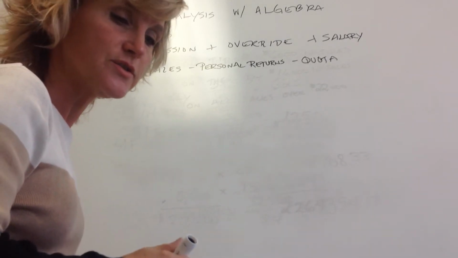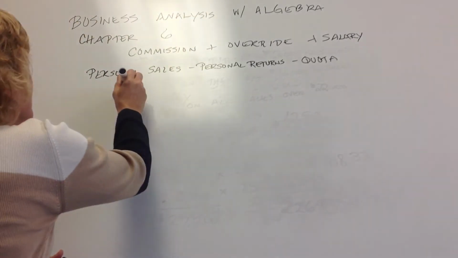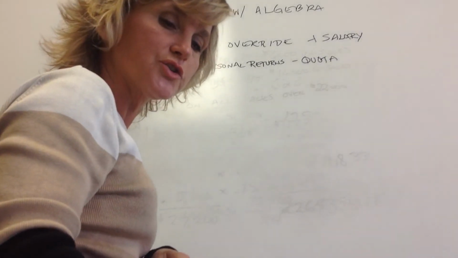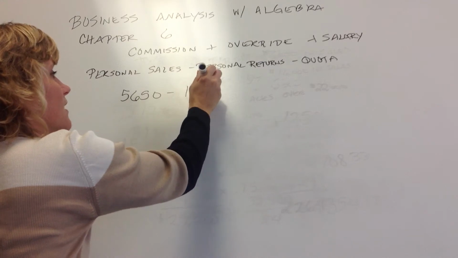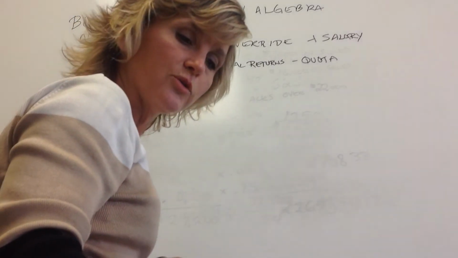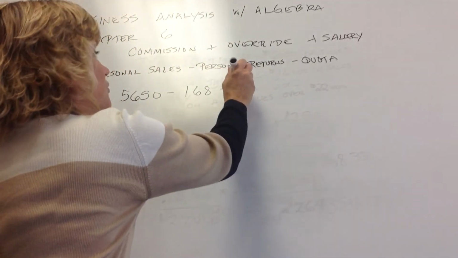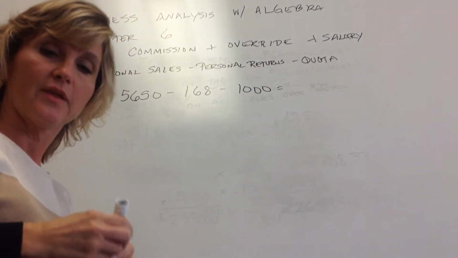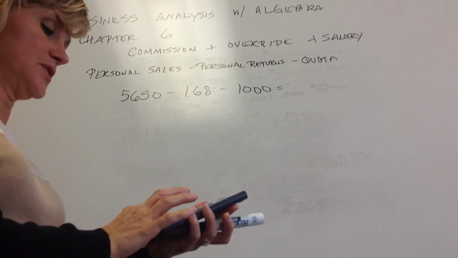So if our personal sales were $5,650, and then we had personal returns of $168, and then we were required to sell a personal quota of $1,000, then what's left is going to be subject to commission.